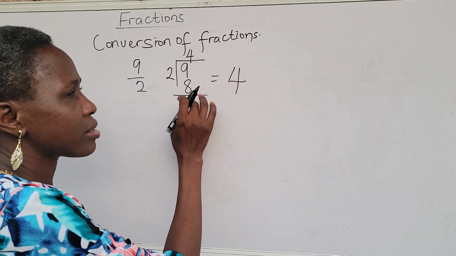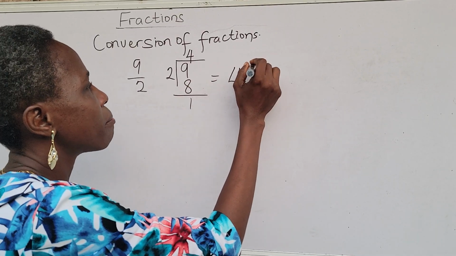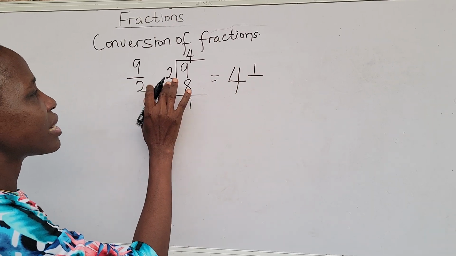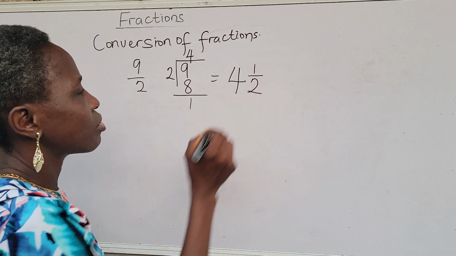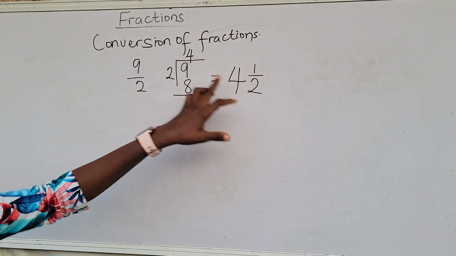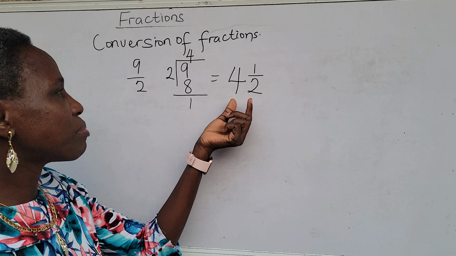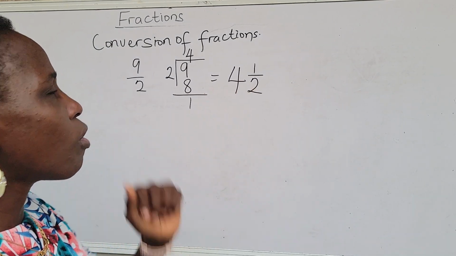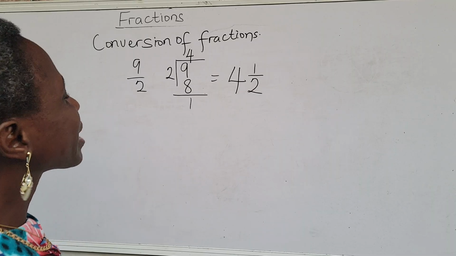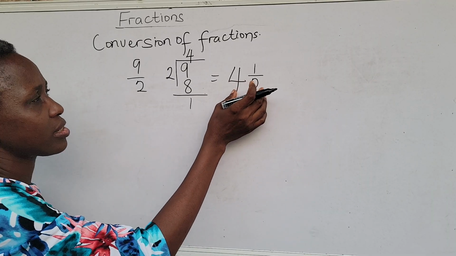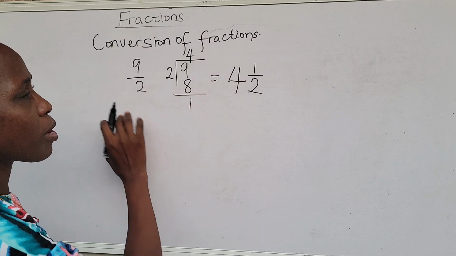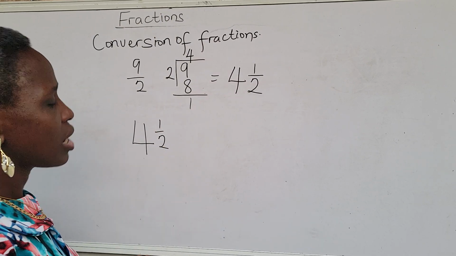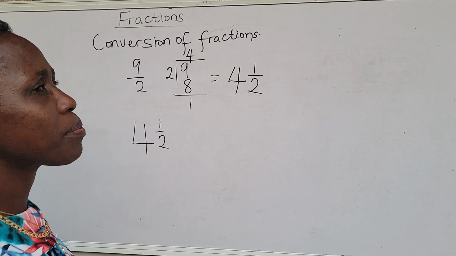Then the remainder, what is remaining, will be my numerator, and the 2 that we are dividing with will be my denominator. Now we can see that 9 over 2 has been changed to a mixed fraction: 4 whole number, 1 over 2. We can still convert this back to an improper fraction. I'll take the same example, 4 whole number, 1 over 2. How do I convert this to an improper fraction?